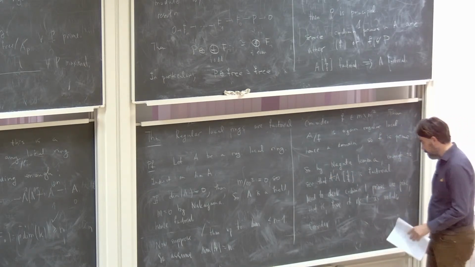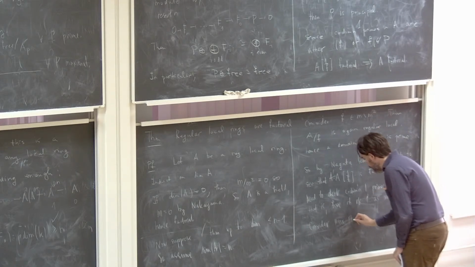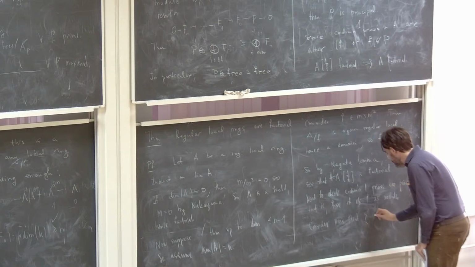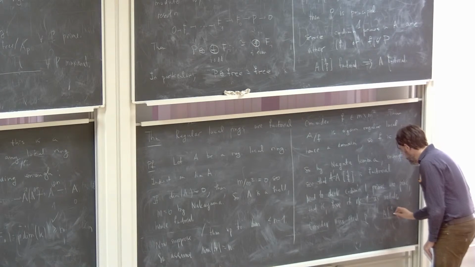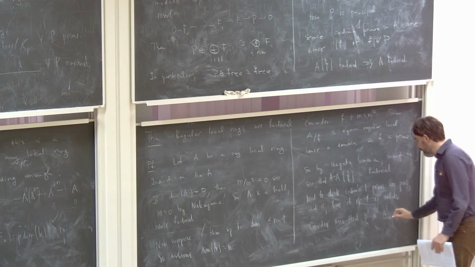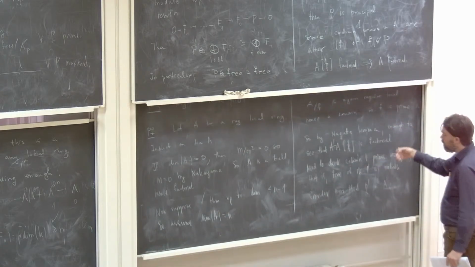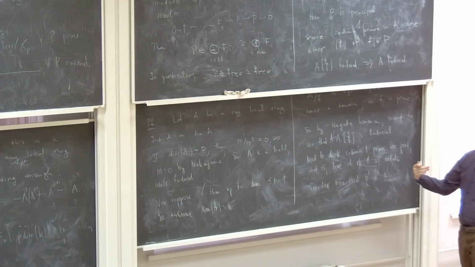And now consider a maximal ideal P prime in A prime, A 1 over F. And note, just so you don't get confused, we started with something which was a local ring, but once we inverted F, it no longer has to have a unique maximal ideal.